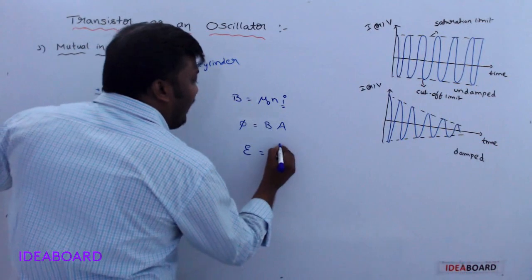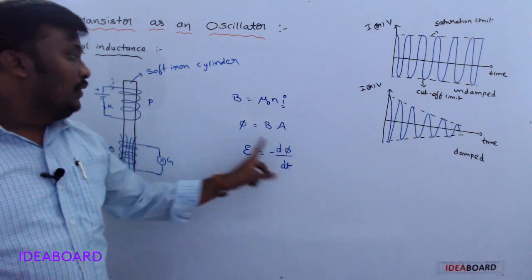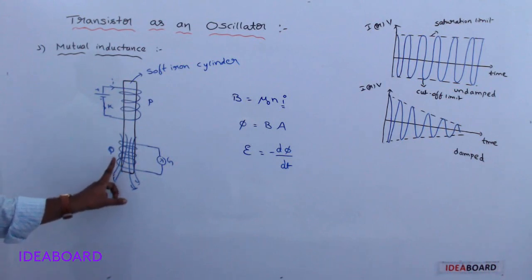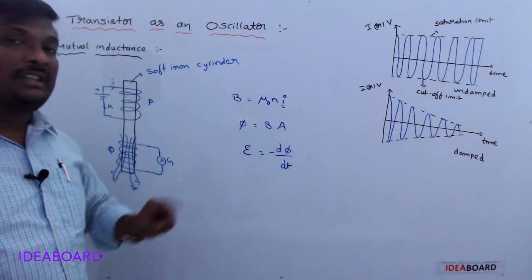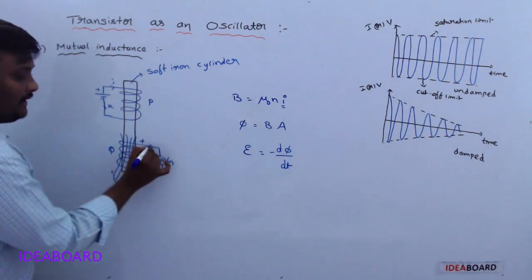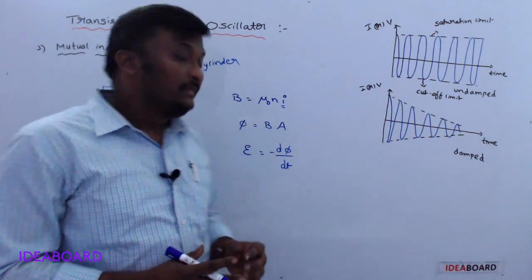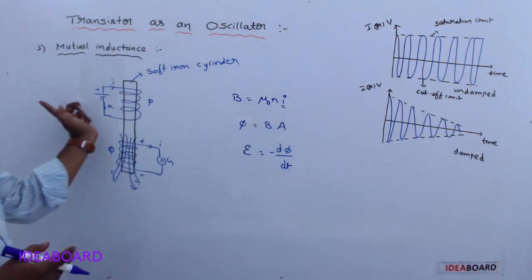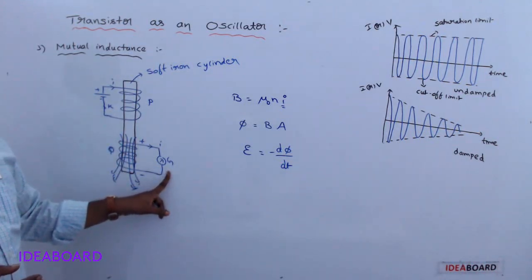From Faraday's law, E equals minus d phi by dt. So whenever the flux changes, an induced EMF is developed in the secondary coil, then current passes to the galvanometer, and the galvanometer deflects. Understand? So if you tap the key, immediately the galvanometer shows deflection.